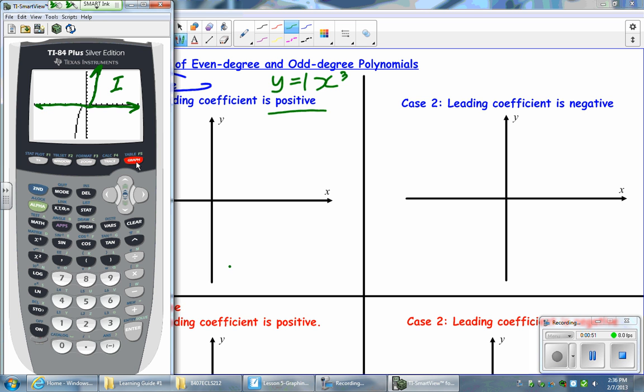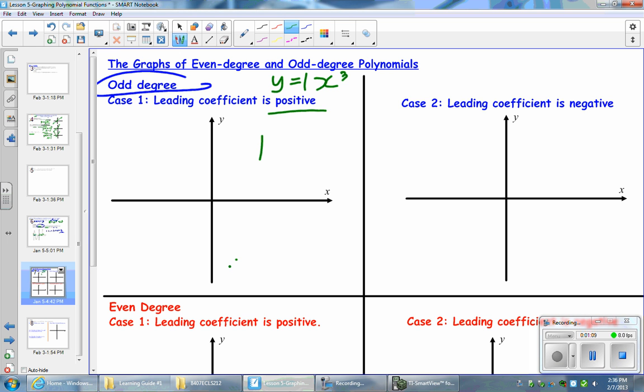When x is decreasing, this time the graph is decreasing as well through quadrant 3. This is the general occurrence of odd degree polynomials with a leading coefficient of a positive number. So the end behavior is in quadrants 1 and 3, and it's increasing as x gets large.